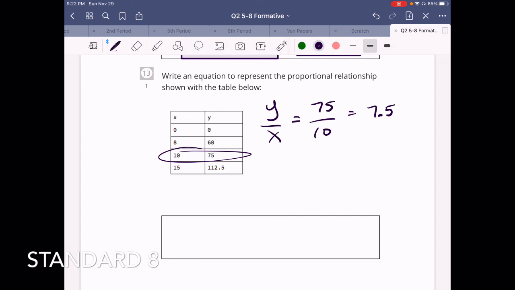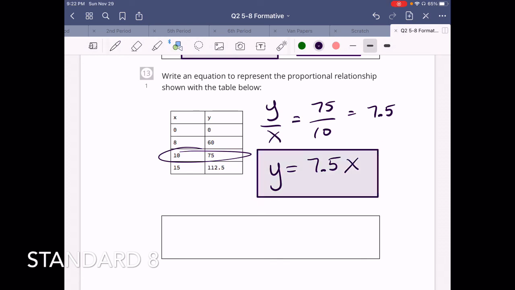So my equation is going to be y equals 7.5x. All right, and just for fun, let's do 8 and 60.